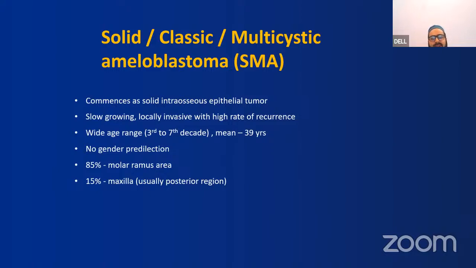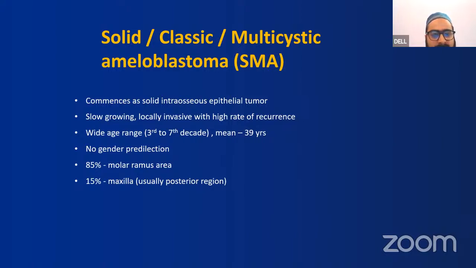Now, solid or classic multicystic ameloblastoma is the most aggressive type, and it commences as a solid intraosseous tumor within the bone, and slowly as the ameloblastic islands proliferate, multiple islands join together and form the multicystic lesion.